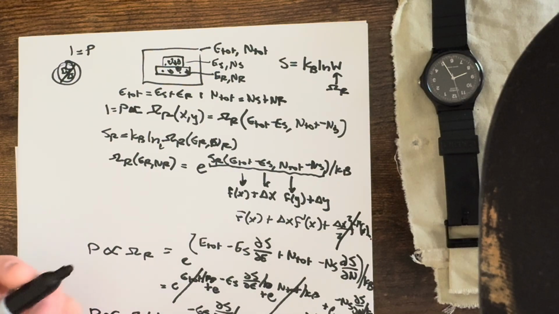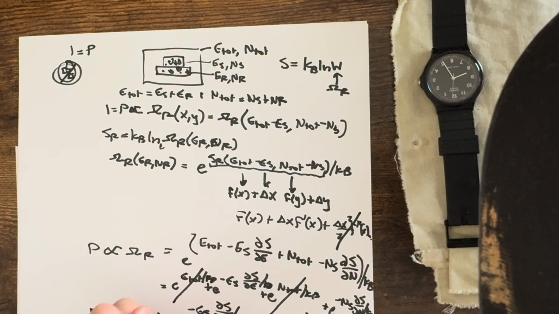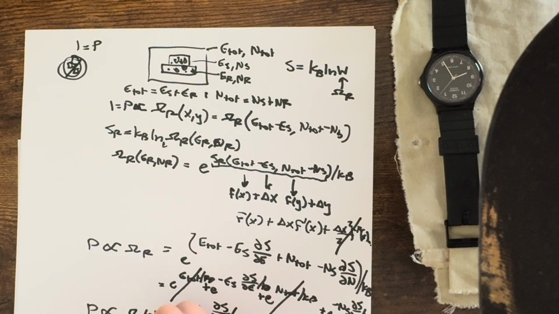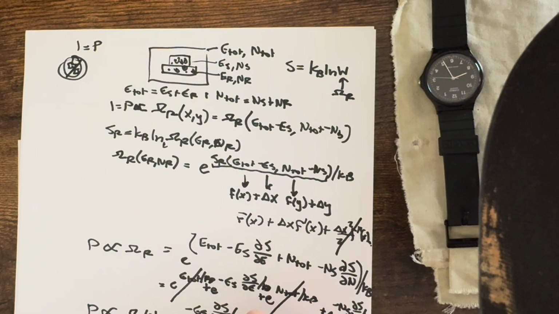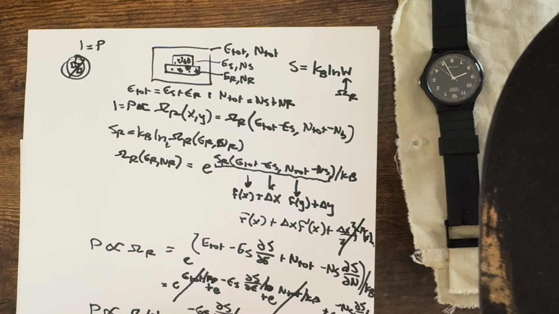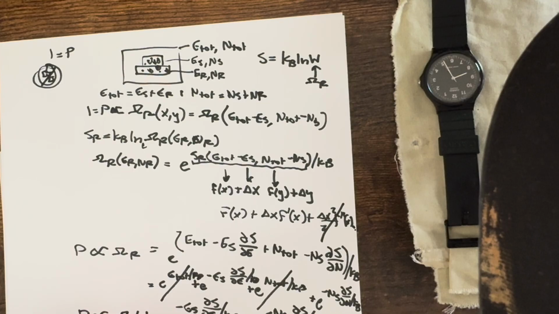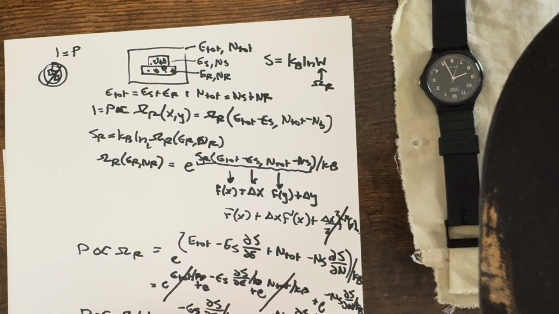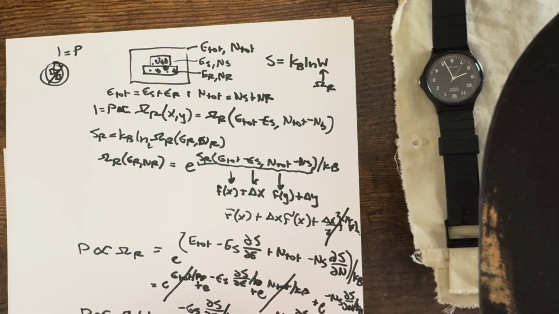Alright, now the Maxwell relations or identities that we'll use. Entropy over energy at constant particle number is equal to 1 over your temperature, and entropy over particle number at constant energy is equal to your chemical potential over T. And so we'll plug those in respectively to those two. We get e to the negative ES, 1 over T, 1 over KB, plus e to the negative NS, mu over T, 1 over KB.